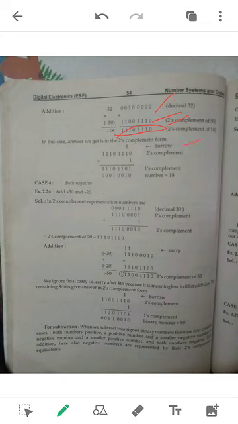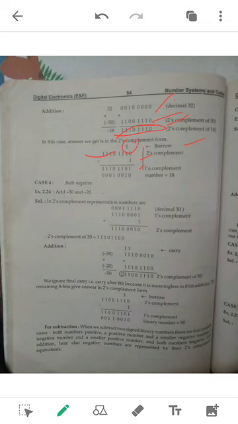So here there is the borrow. The 2's complement number is shown here, and you have to subtract, and this subtraction you have to perform by using the table for binary subtraction that I already told. So here you can see 0 minus 1, you are getting 1 as the difference, and you are getting a borrow.